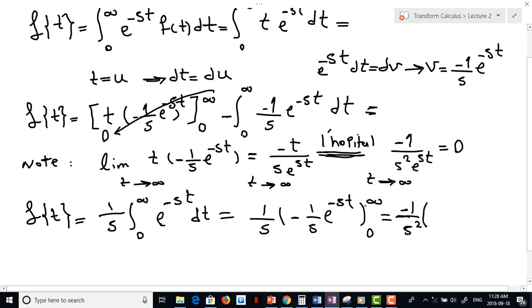If we apply the upper limit, we have e to the power of minus infinity, and if I apply the lower limit, we have e to the power of 0.